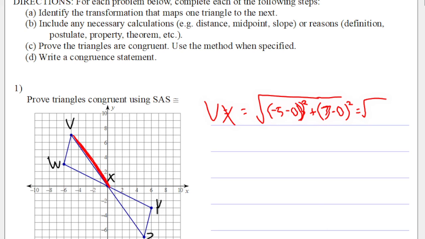-5 squared is -5 times -5, which is a positive 25. 7 squared is 7 times 7, which is 49. So I get square root of 74 as my distance. Then hopefully you should get your other distance to match it.